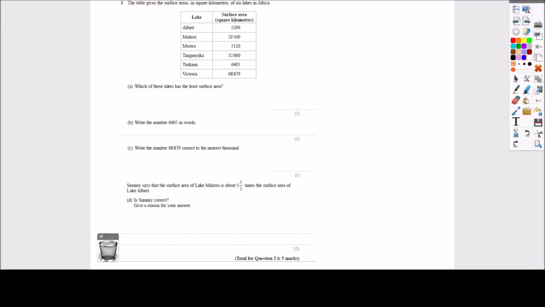Question 3. Which of these lakes has the least surface area? So which is the smallest number there? Well, that's the 5,120. So that's Mwelu. Now for part B, write that in words. Well, that is 6,405.